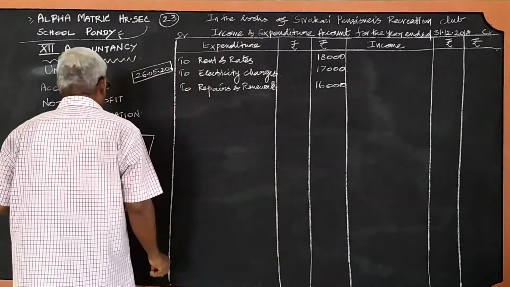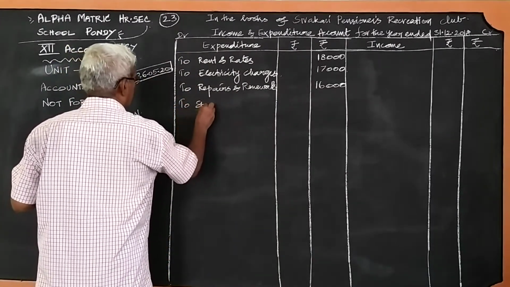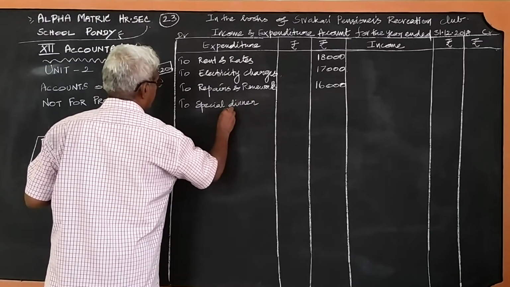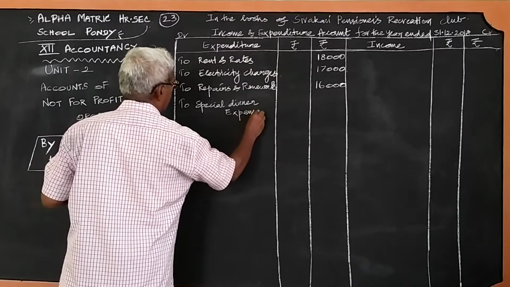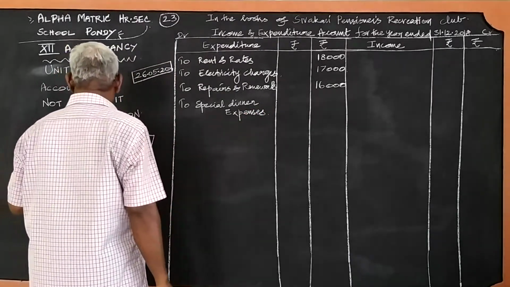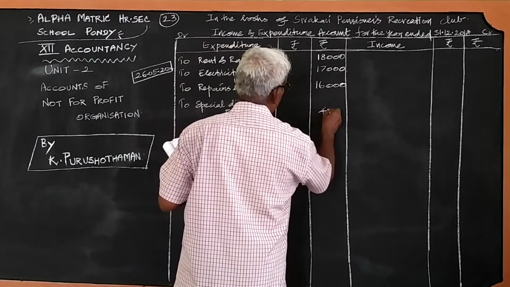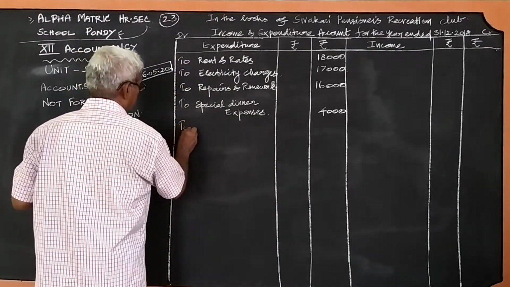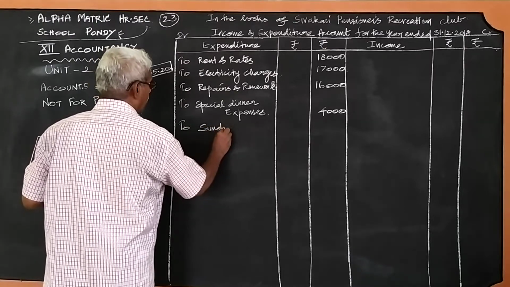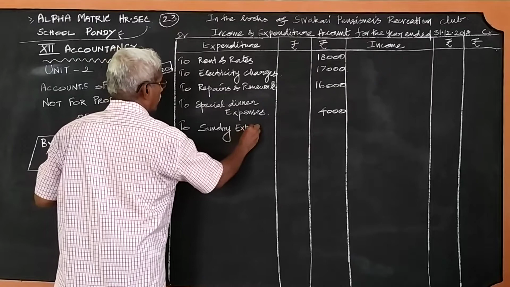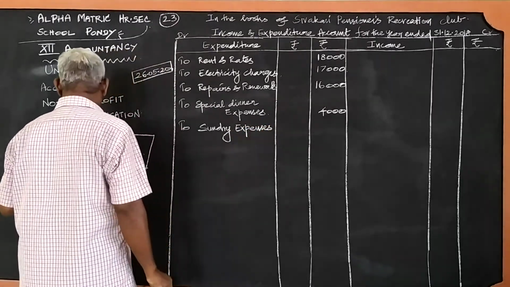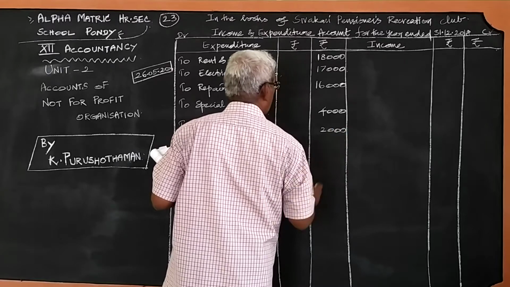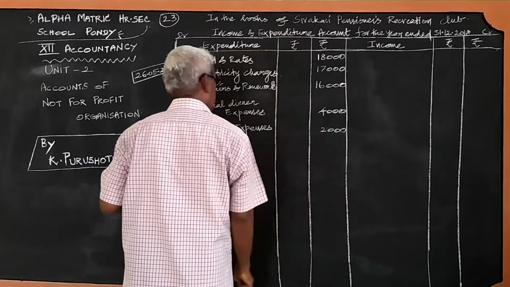Then special dinner expenses, 4,000. Then the next item, sundry expenses, 2,000.